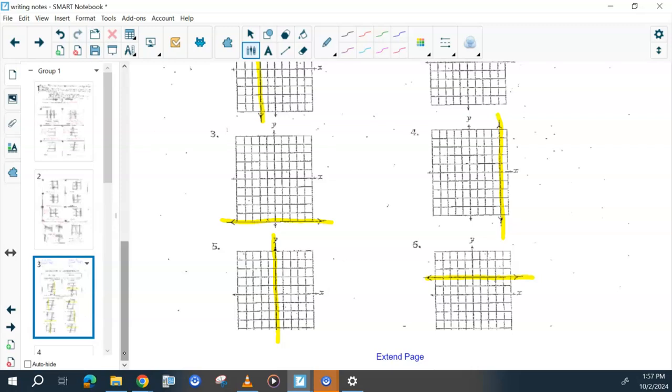And for number 5, the line is on the y-axis. So we should only have an x equals or a y equals for each one, not both. So do you choose x or y? Based on what type of line you wrote down already? Because we're doing those.